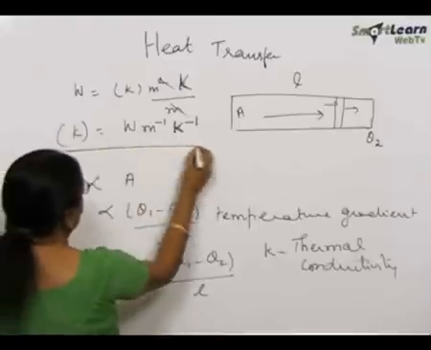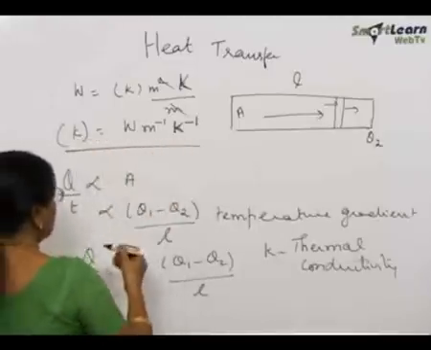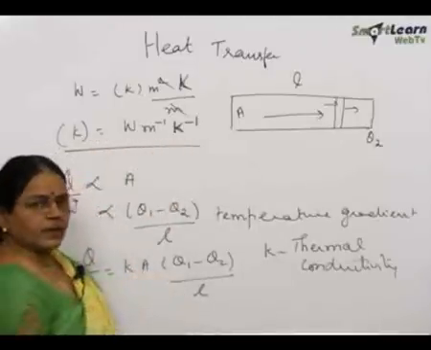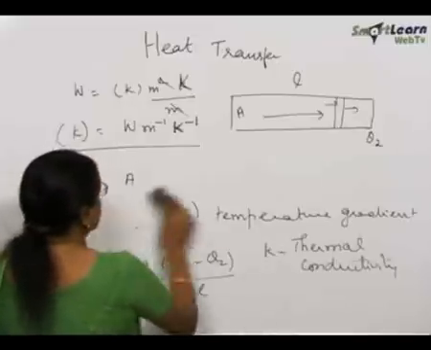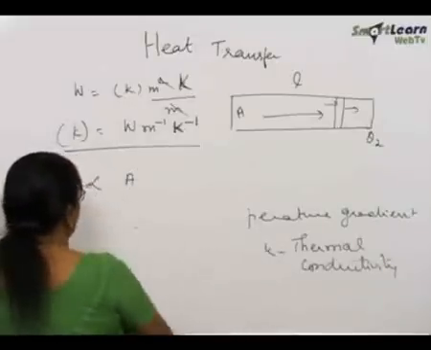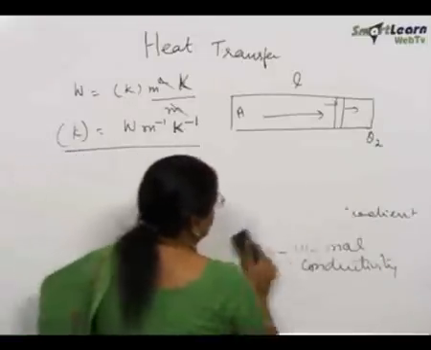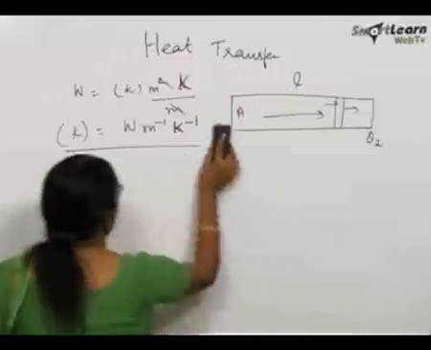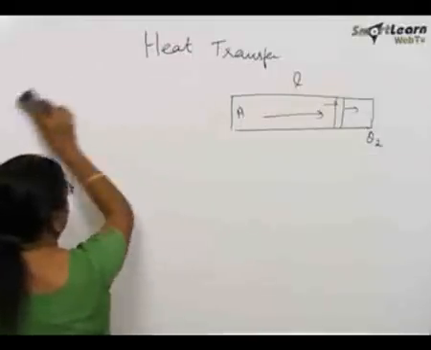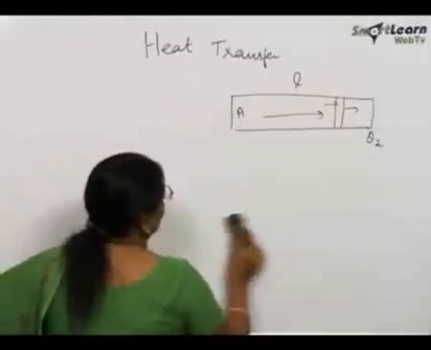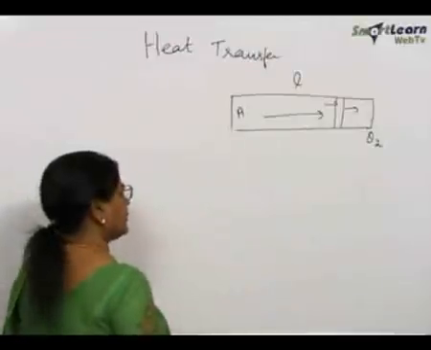So, the unit of thermal conductivity K is watts per meter per Kelvin. Different metals have different thermal conductivity. Metals are good conductors of heat. So the main mode of transfer of heat in a metallic rod is by conduction.